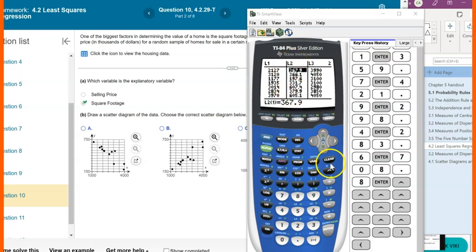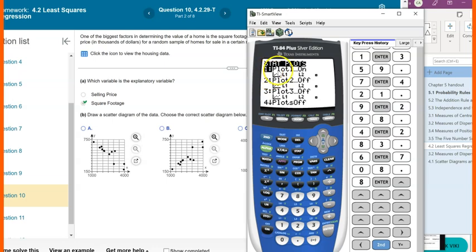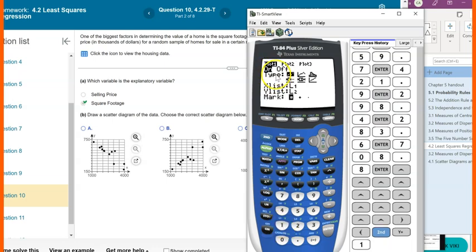To draw the scatter diagram, remember that you have to have Stat Plot on. To see that, press 2nd and Y=, then press 1, and since this is on, this has to be selected, and it has to be L1 and L2, so that you know Stat Plot is on.